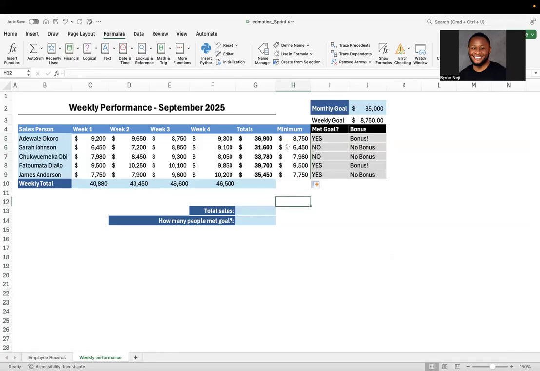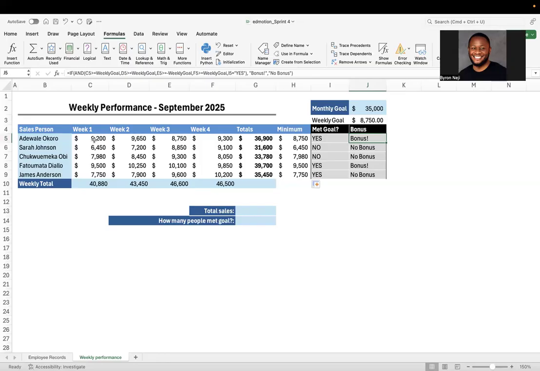The reason why I'm trying to bring out the minimum is to go further in dissecting the logic behind the bonus. Because the bonus says that the person must have met the weekly goal in all the weeks. That means there is no week that should be lower than the weekly goal.